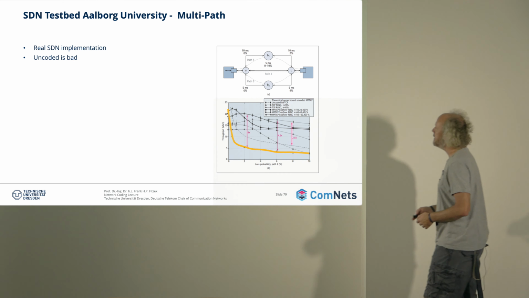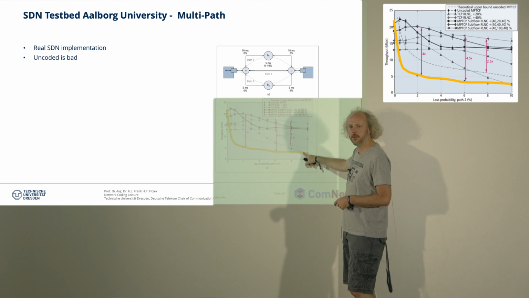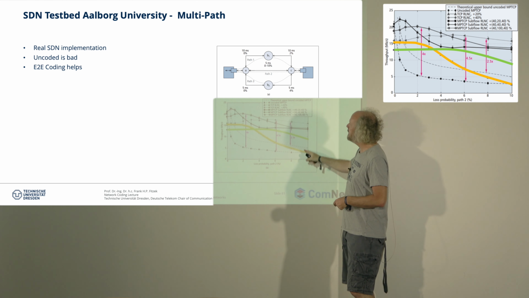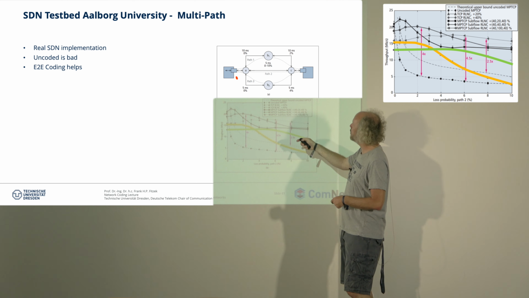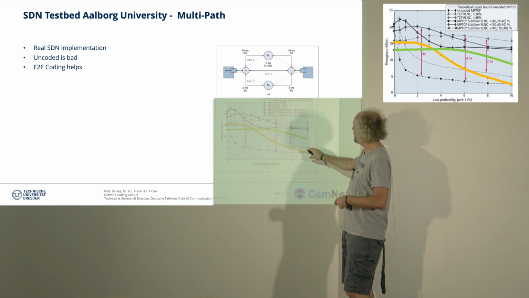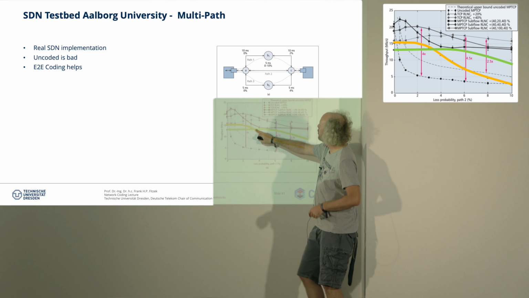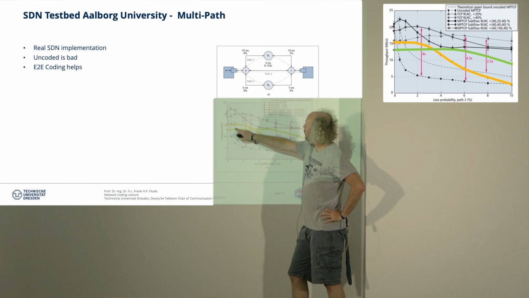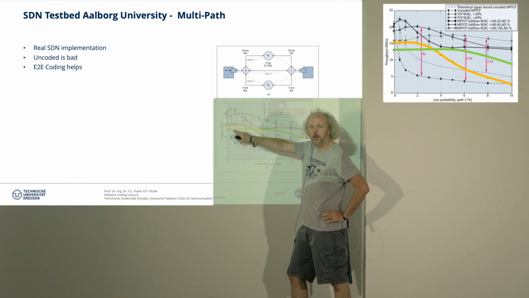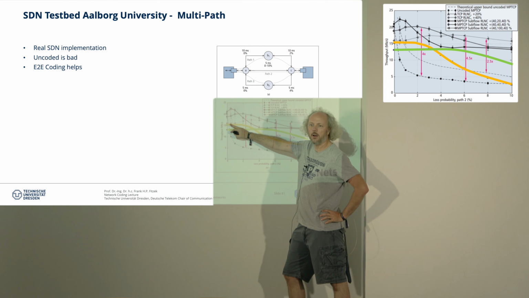In order to understand it, this is the uncoded one, very bad. These are the end-to-end coding, so when you do encoder, decoder, and you just forward on the end, this is here, and the better ones are up here. So back again, if you do a lot of redundancy on your link, because it was not adaptive, then you're losing a little bit. The weaker one gets more. Why?